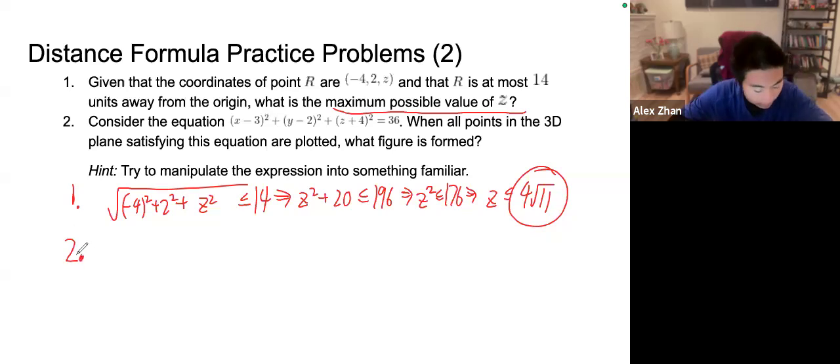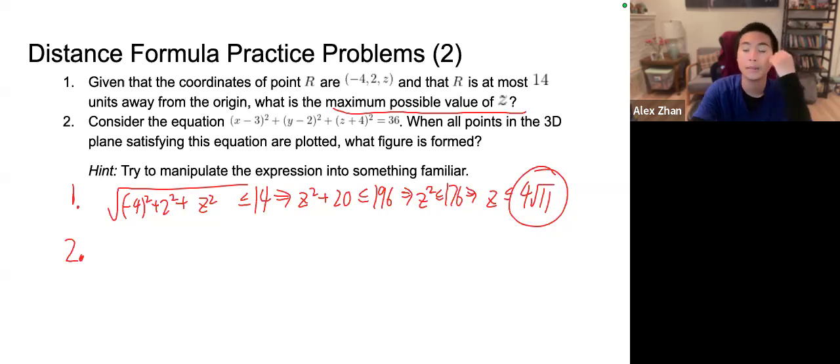How about number two? Does anyone have any ideas? Does anyone else have any ideas?